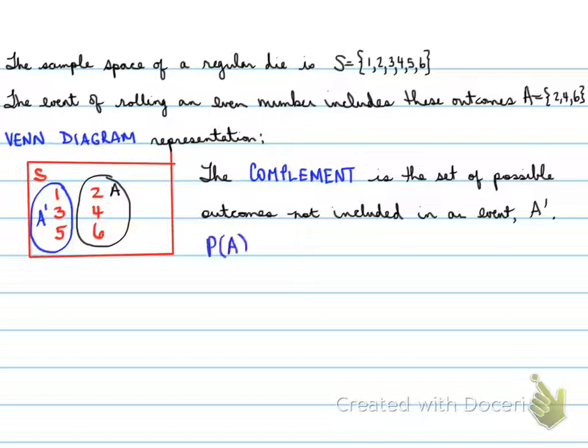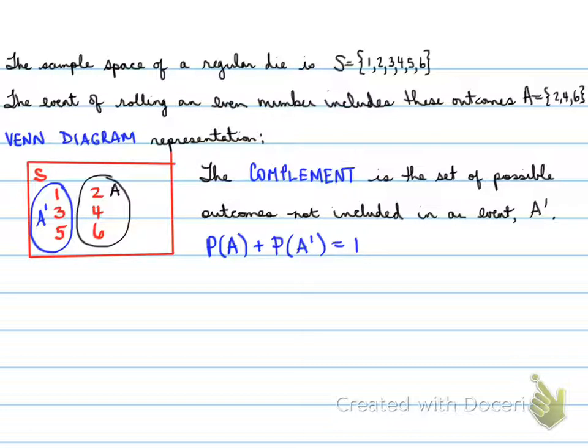Now, the probability of A happening plus the probability of its complement has to always equal 1. And this makes sense because it encompasses 100% of the total amount of outcomes possible.